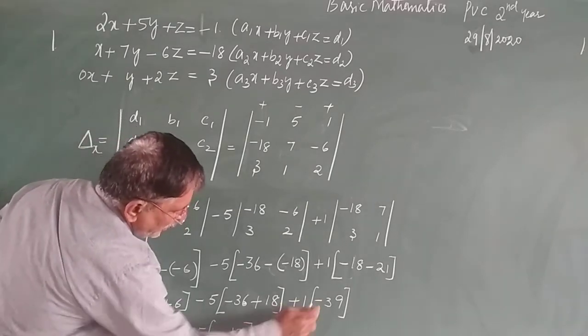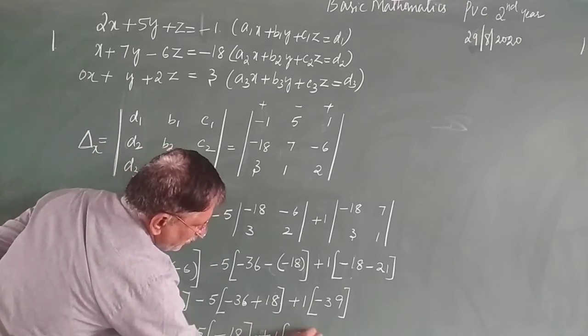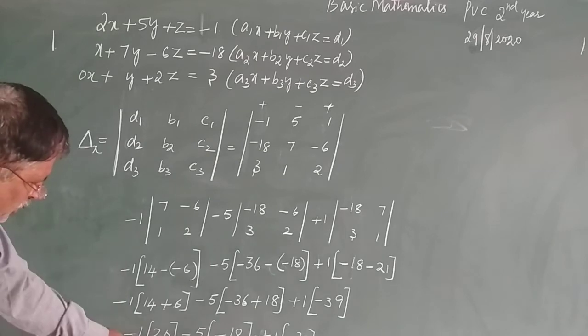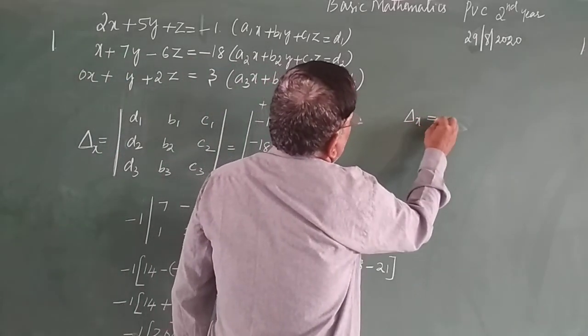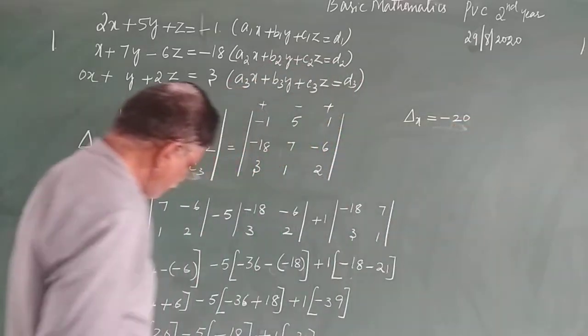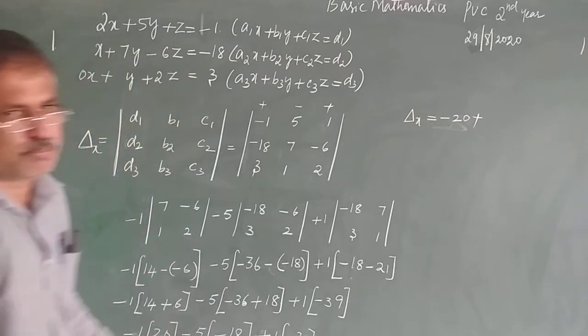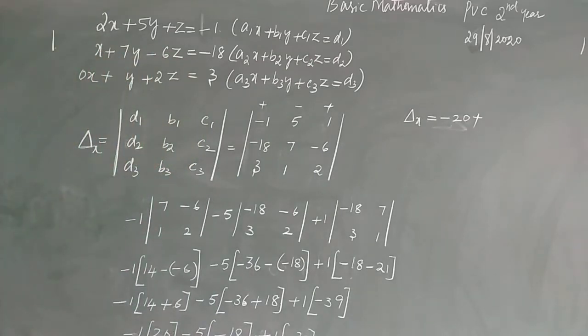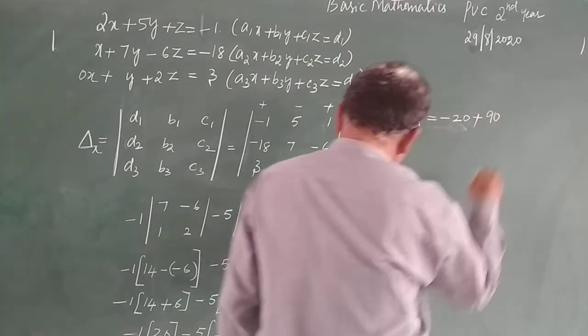Plus into minus, let me write once again, 1 into minus 39. So what will I get? Minus into plus, minus 20. Delta x is equal to minus 20. Minus into minus plus 18, 5 times 18 is 90.